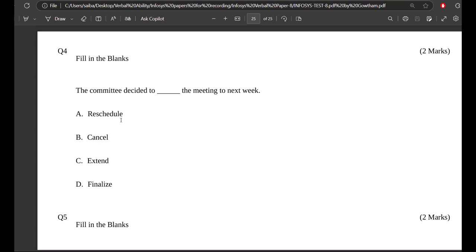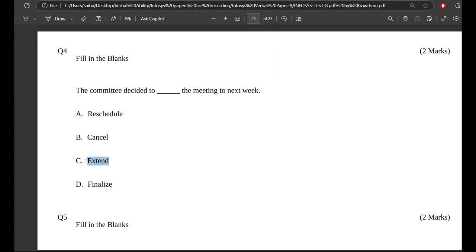Next one, the committee decided to reschedule the meeting to next week. Always, when we talk about meetings, it is rescheduled, because they have mentioned next week. That means the meeting is not cancelled. So we have to say the meeting is rescheduled.